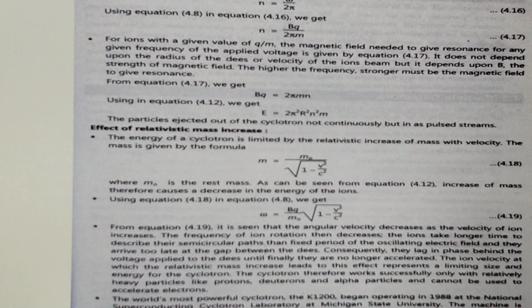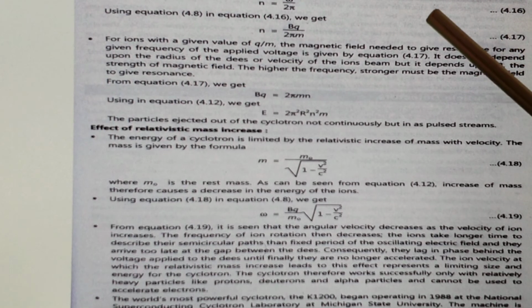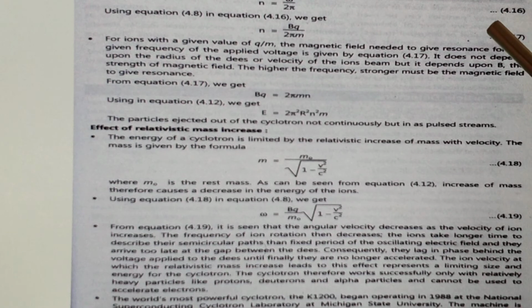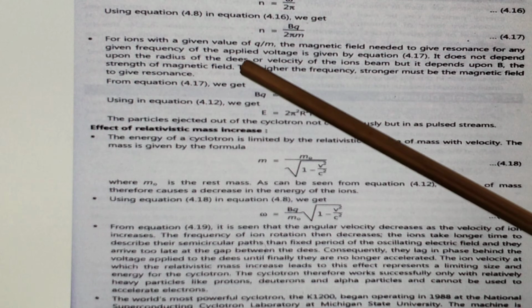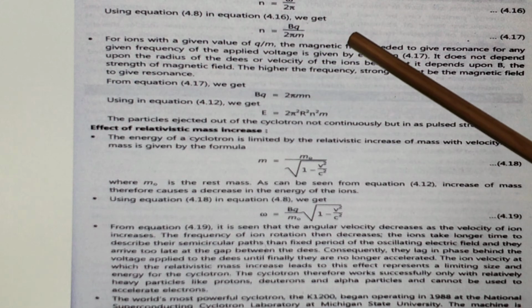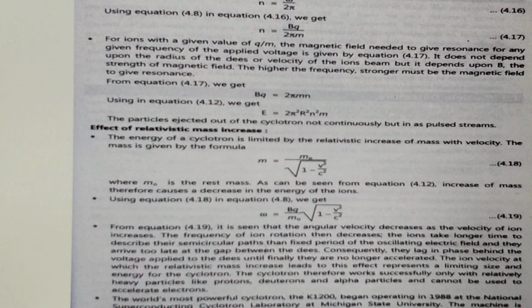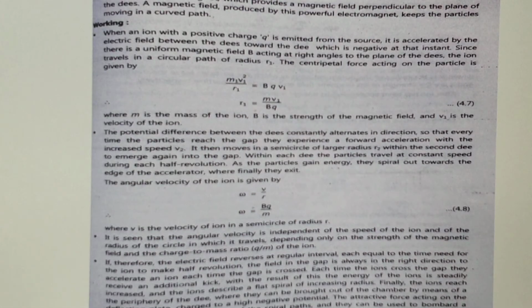So from that equation, the equation for the frequency of the RF signal can be written as N equal to omega upon 2 pi. So using equation 4.8 in equation 4.16 we get... what is equation 4.8? 4.8 is omega equal to BQ upon m.